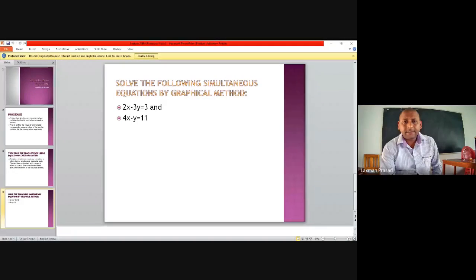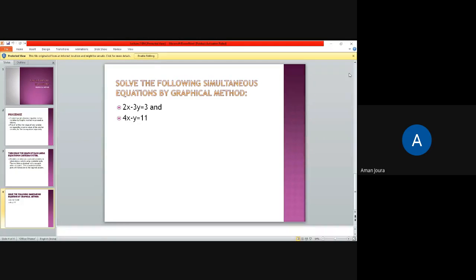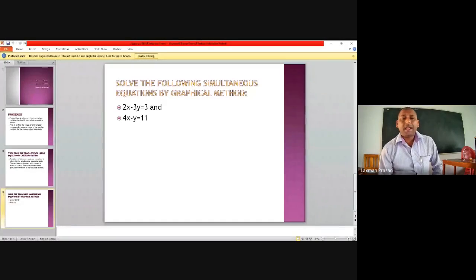So see, you should carry a copy and pen. There is a question, write it down. Solve the following simultaneous equations by graphical method. See, there is a question: 2x minus 3y equals 3 and 4x minus y equals 11.